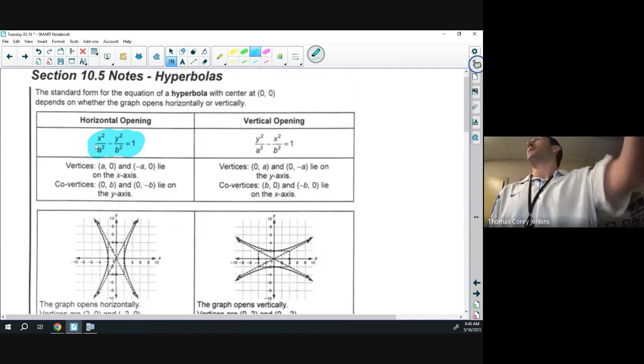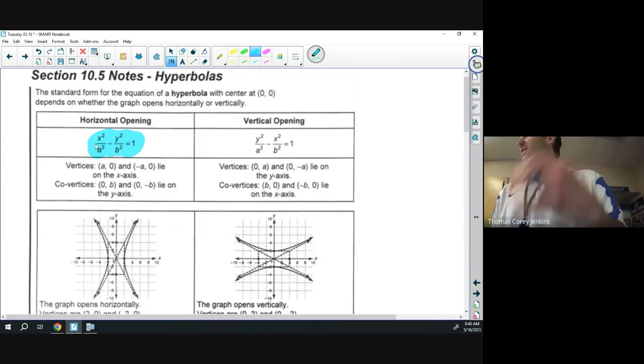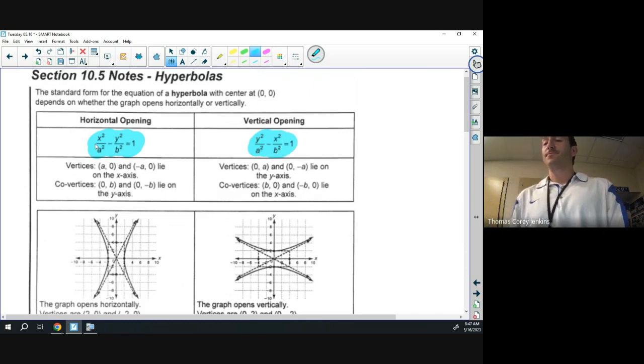That looks really familiar to what we did yesterday. Remember, yesterday's might say something like x squared over a squared plus y squared over b squared equals 1. So minus is the big key, and obviously there are some other differences. But then you have your vertical opening where basically you just flip-flop x and y.